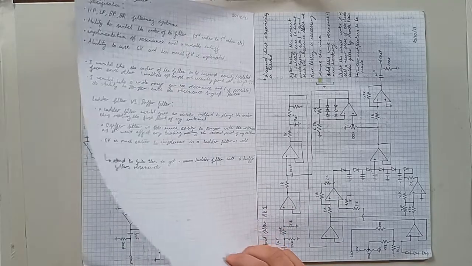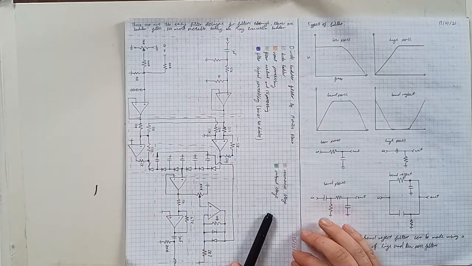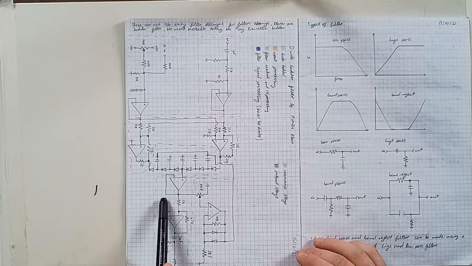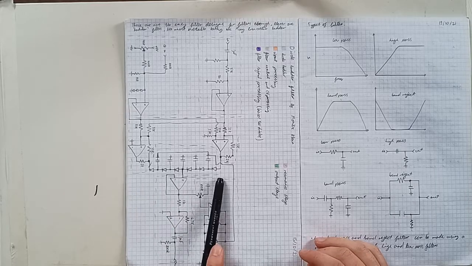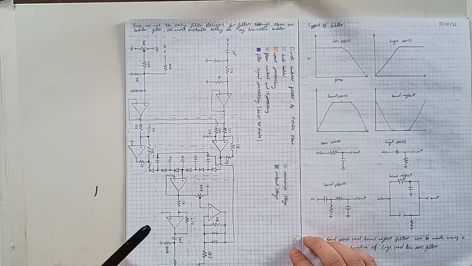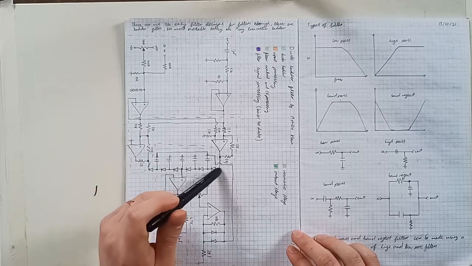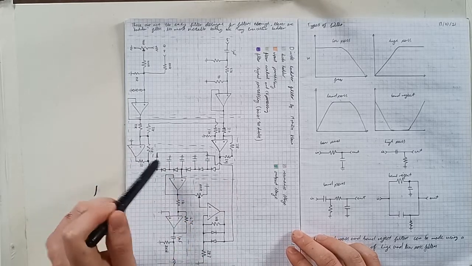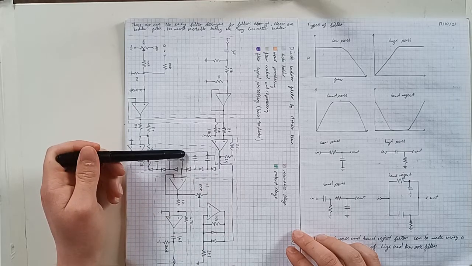But something I'd like to talk about, because when I was on about topologies, I only talked about the low pass version of a diode ladder. The way you would make it a high pass version is, instead of connecting your signal directly to each end of your diode ladder, you would connect it to the center capacitor.